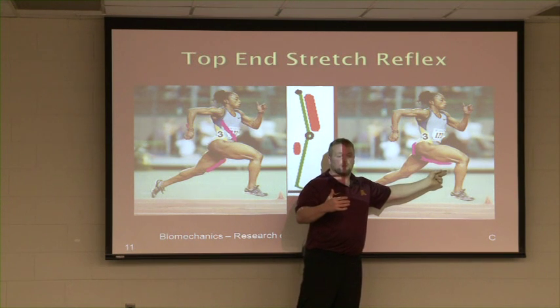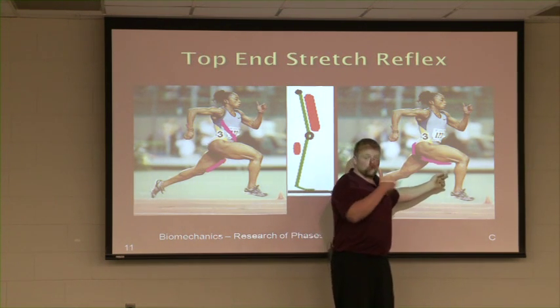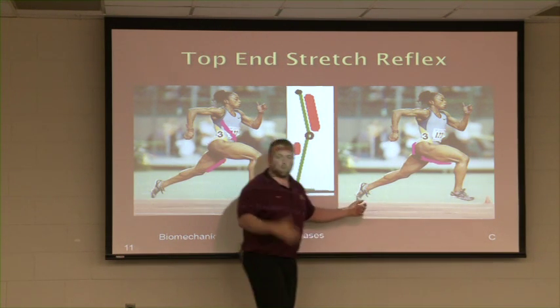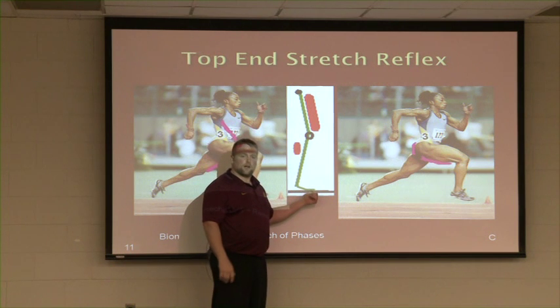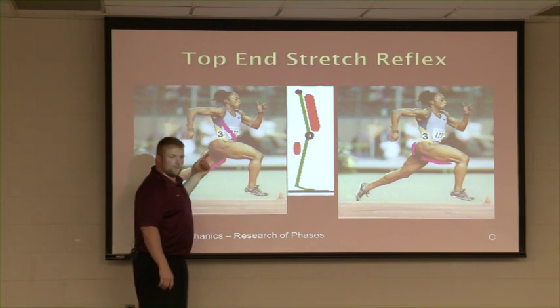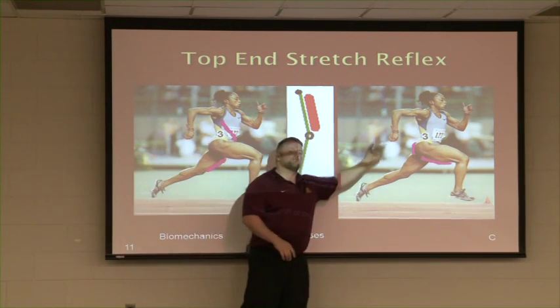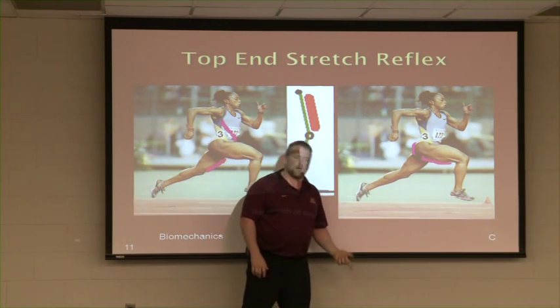So then, as the limb comes forward, what happens? It's cyclic. There's a greater force applied because you have a greater stretch reflex. So what happens then? The foot strikes the ground at a higher velocity. So by causing these mechanics in the backside to increase the speed of the limb as it swings through, it's greater force, and then it comes down with greater force.